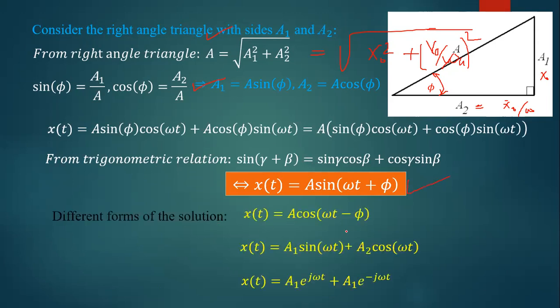So our phi will be actually this, and I can define phi here. The phase angle phi is equal to tan inverse of A2 over A1.